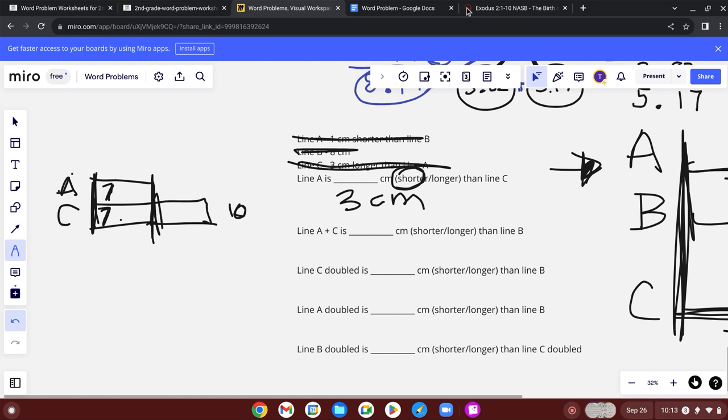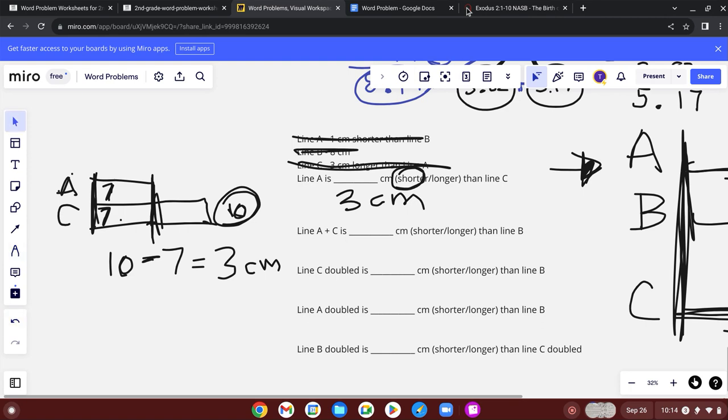We know C is 10. This is our total. So to find the missing part, the shorter than or longer than, we take the total, which is 10, minus 7 equals 3. Right, we minus this part and we get 3 centimeter. That was easy. Correct? Right.